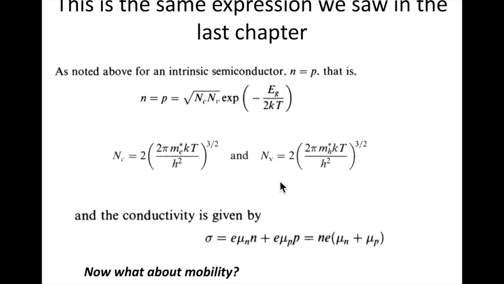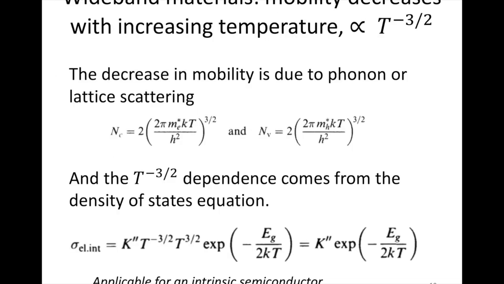But now let's look at the mobility. We haven't talked about the mobility for this case yet. So we're looking at wide band materials, and so we're talking about things with a band gap, right? So our semiconductors and insulators.